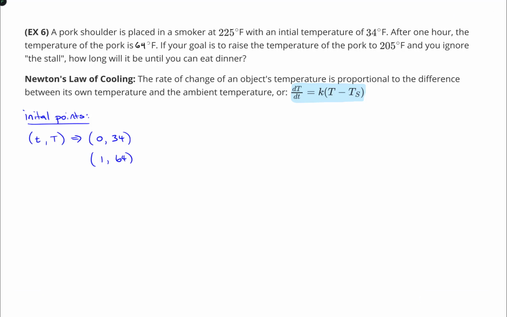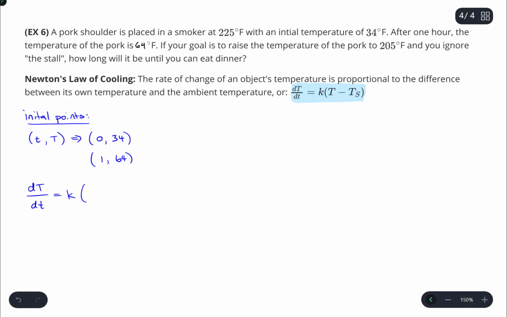Okay, so the other thing that we know is this differential equation, which is the derivative of the temperature with respect to time is proportional to the difference between its current temperature and the temperature of the surrounding medium. So that's what T sub S is, the temperature of the surrounding medium.